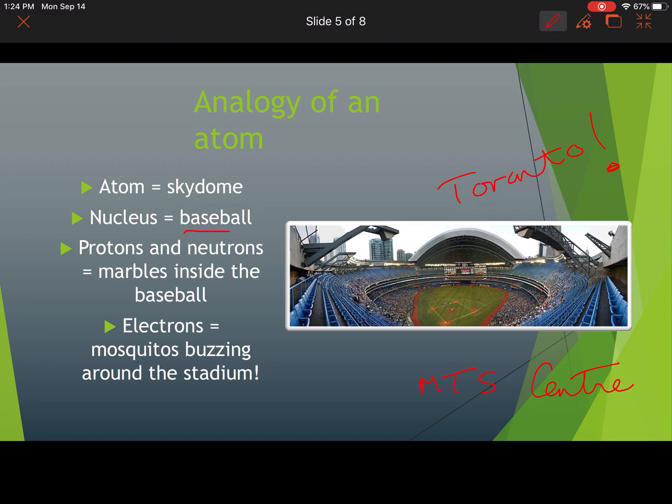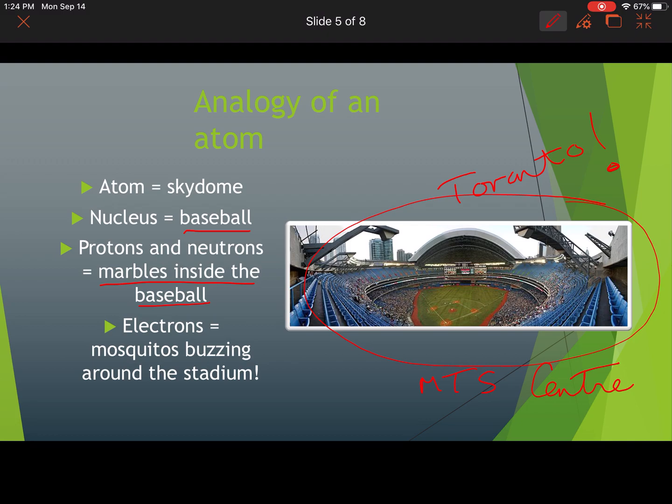So you can write this part down, baseball. So think about how big the baseball is as compared to this whole giant space, right? So very, very small. So that's how small the nucleus is in an atom as compared to the empty space around it. The protons and neutrons, you could think about those as being equal to marbles inside the baseball.